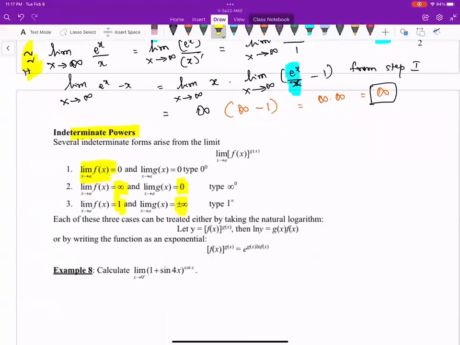Each of these three cases can be treated by taking the natural logarithm. In that case, we let y equal f of x to the exponent g of x. Then apply the limit. So it will become ln y equal to g of x ln of f of x.